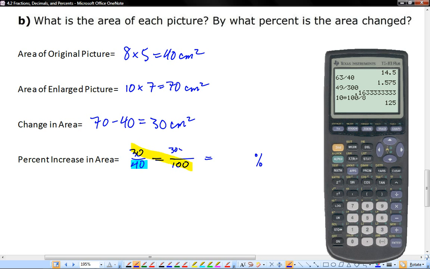So doing that, 30 times 100 and divided by 40, again, cross-multiplying and dividing by the third number in the proportion, will give me my percentage. So 30 times 100 is equal to 3,000, and if I divide by 40, now I will have my percent. So there's a 75% increase in the area.